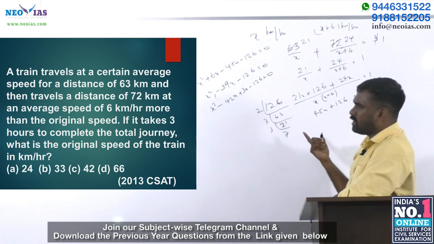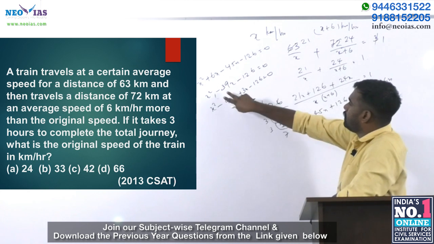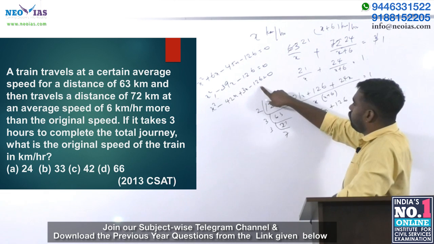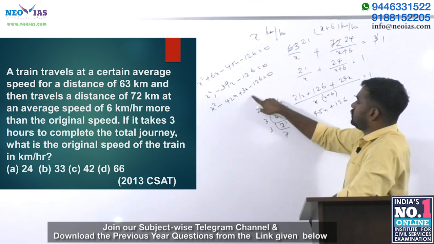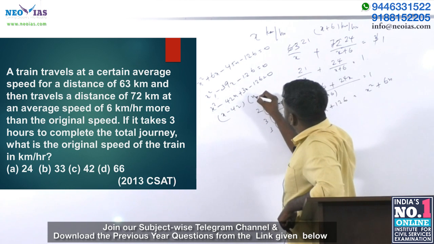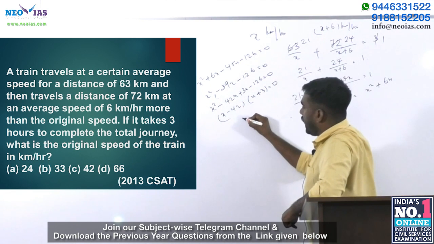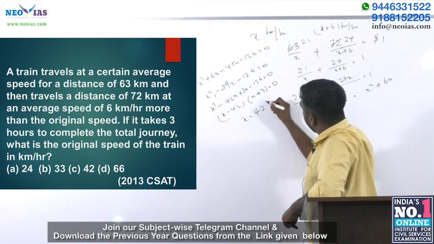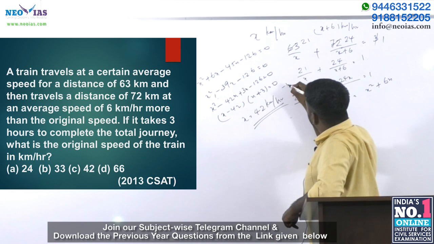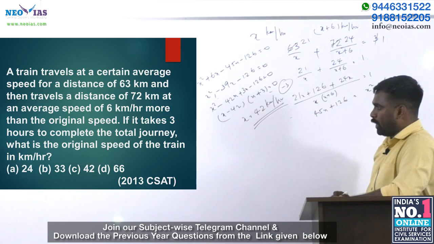The previous quadratic equation which you all know, because while adding you will get minus 39, multiplying you will get minus 126. So this is the condition. So it will be x minus 42 into x plus 3 equal to 0. So the value of x is 42 kilometer per hour. Why? Speed can't be negative, right? So only 42 is the possible value.